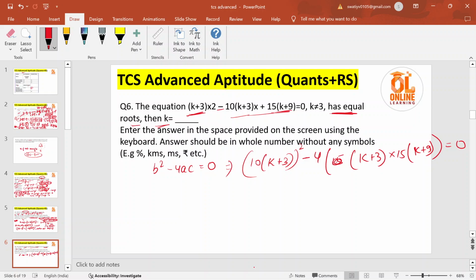So we will solve this. And we will get 100k square plus 900 plus 600k minus 60k square minus 720k minus 1620 equals 0.